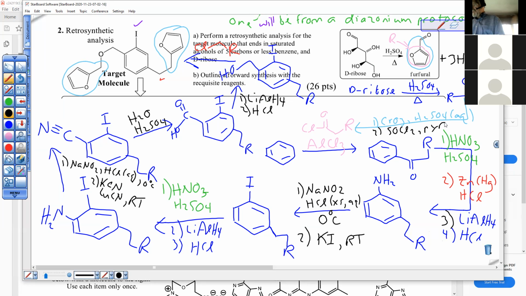Now the question is, where does your ClR come from? And you've got to reduce it to an alcohol. So number 1, you can use NaBH4.